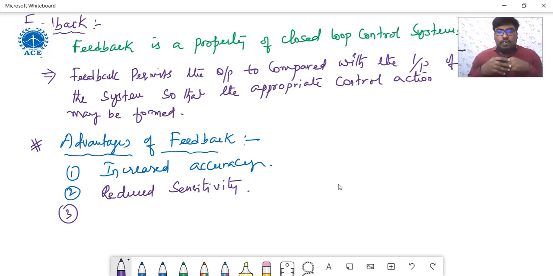Next is that it reduces the effects of non-linearities and distortions. Okay, so this is also there.